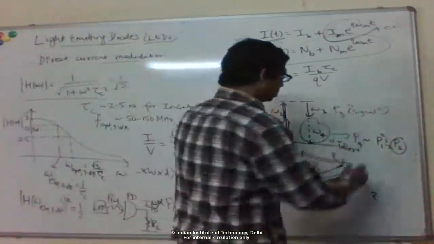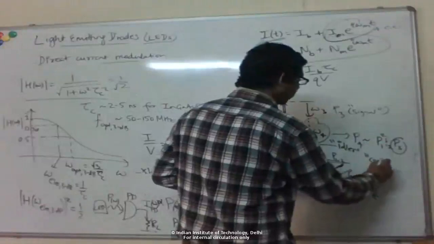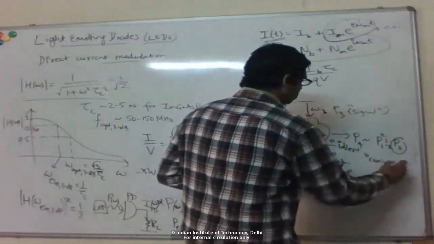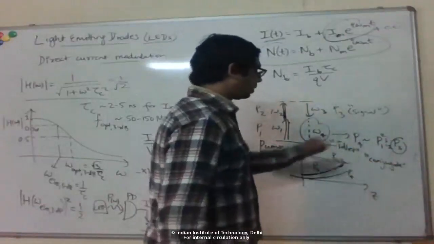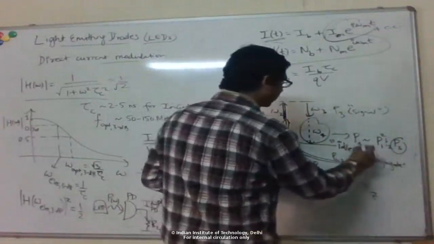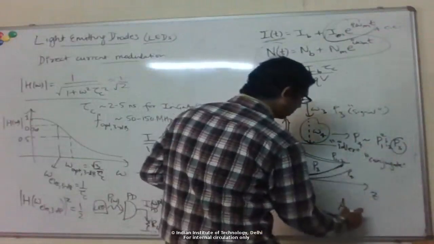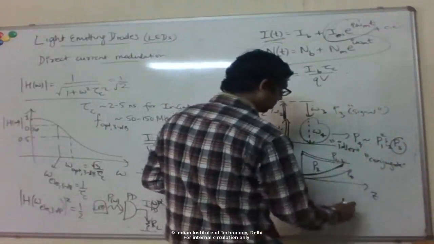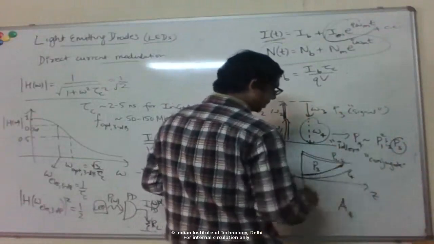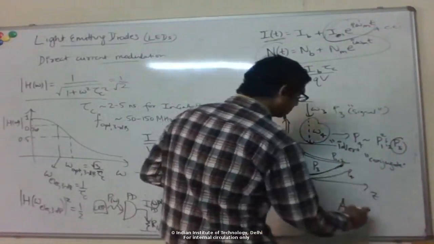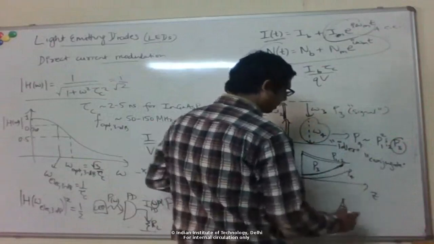Sometimes it's also called conjugate, signal and conjugate, because we had discussed this very briefly. If you look at the amplitude of this A, not the power, but the electric field amplitude, the power would be mod square of the amplitude, right?